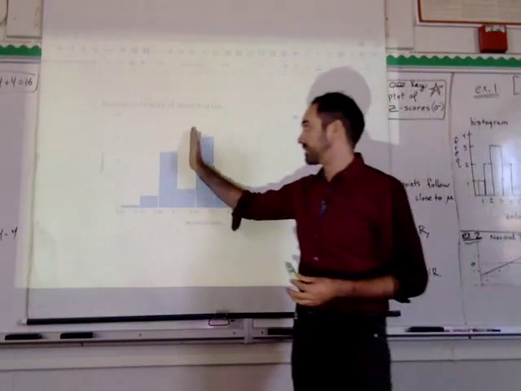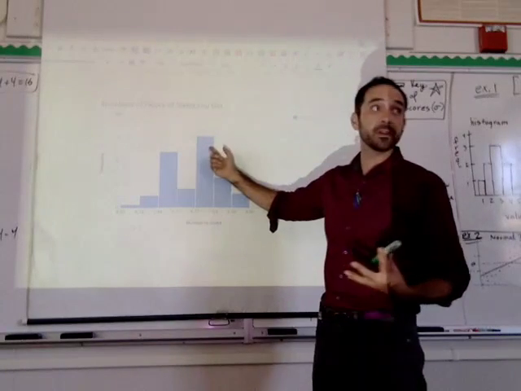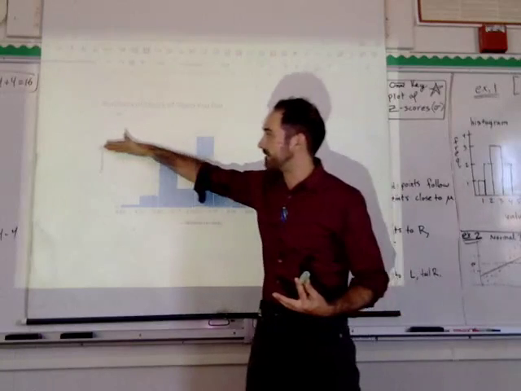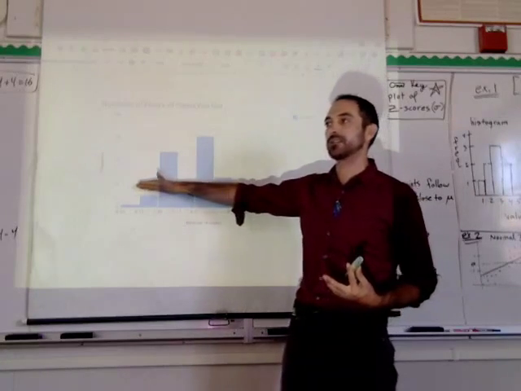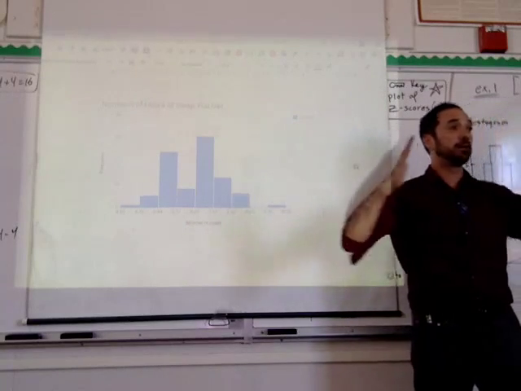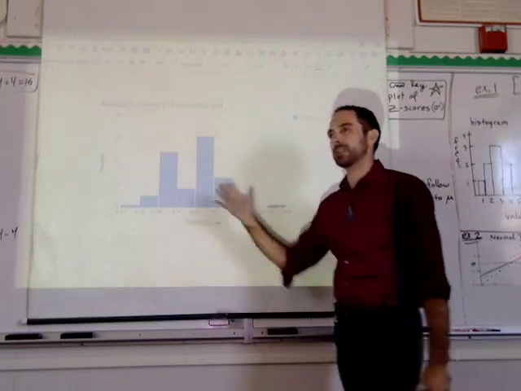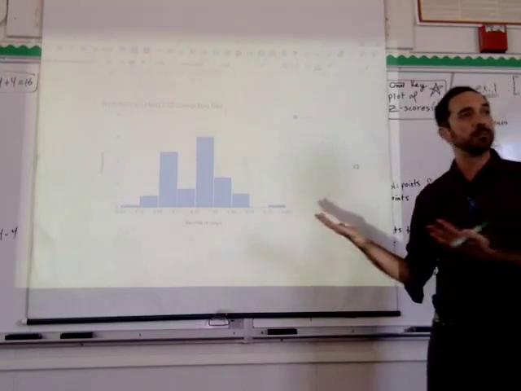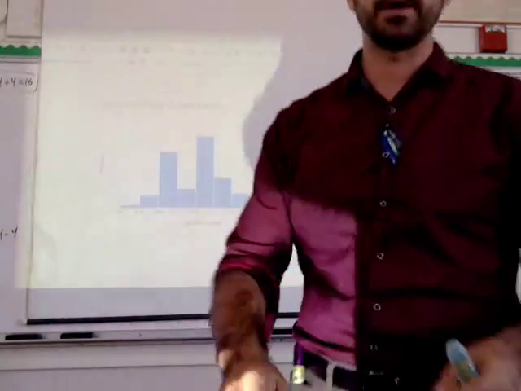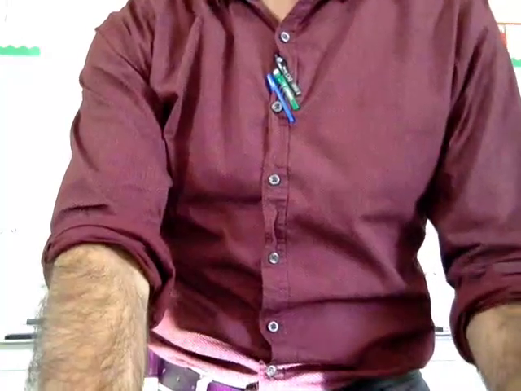I know my mean is probably around here, right? This is a pretty big frequency, 32 or so. This is 25, and then down here we have 8. So there's a big inconsistency right in the middle, where it should be way up here. So I would say this is not normally distributed, but there are some normal elements, and we have outliers there too. Okay, let's knock this one out.